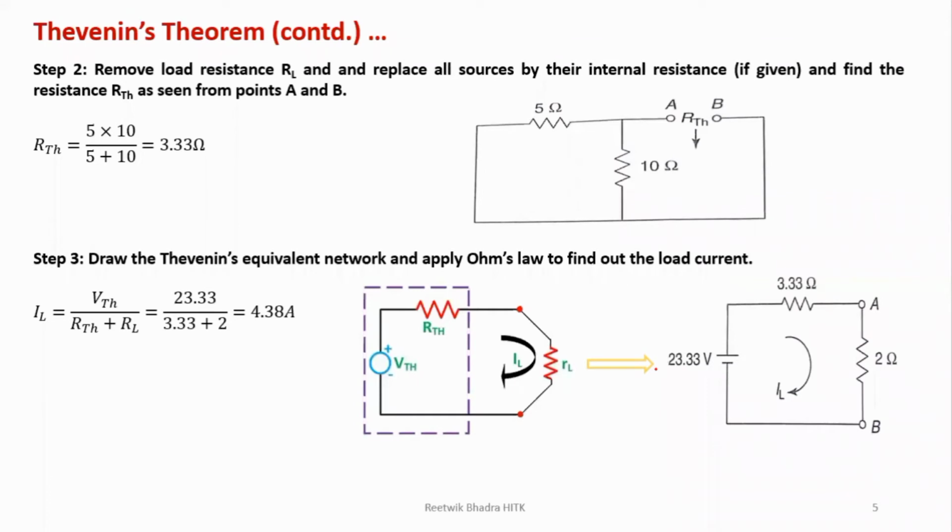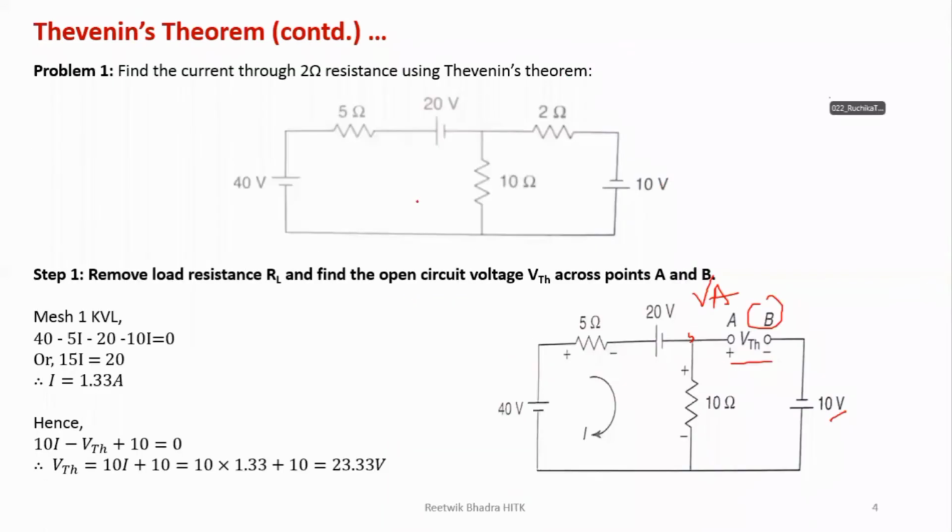Next, we'll do step 2. We'll find out the equivalent resistance. How do we find the equivalent resistance? Going into the diagram, we remove this terminal, so this is not there. Across this point, we'll find out RTH. What we do is deactivate all our sources.